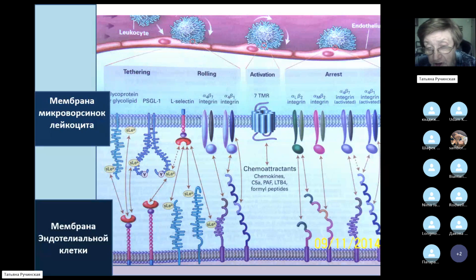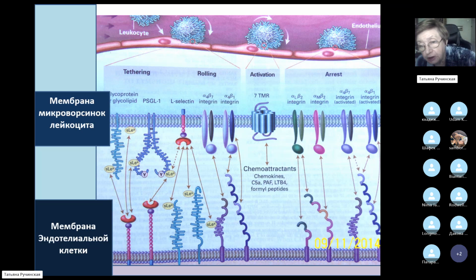Before adhesion, there appear integrins. You see, these are integrins, the stem with a bubble on the end. And the endothelial cells begin to synthesize ICAM, or any other.